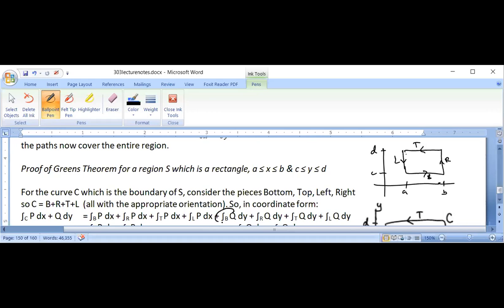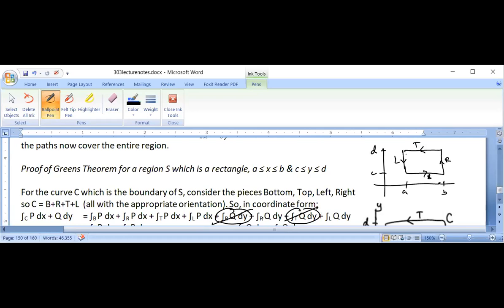So along the path B, dy equals 0. So we're going to get rid of it. And that's also true on the top part T. Again, along the top, Y is constant, therefore dy is 0. That gets rid of that piece.